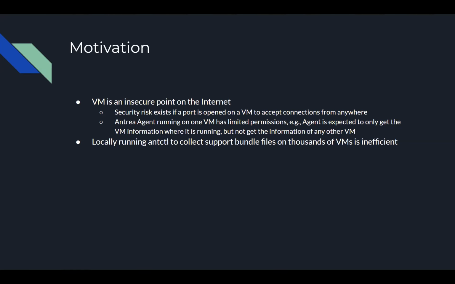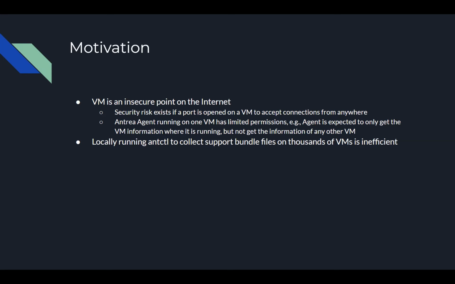First, we can't open a port and listen for connections from everywhere, as it might introduce a security attack. So it is not easy to configure a port to run your API server to serve the requests from other places.